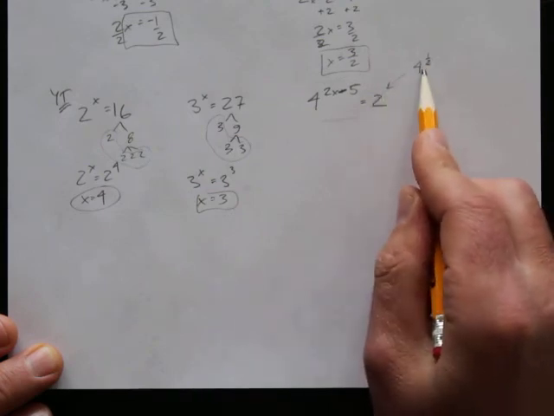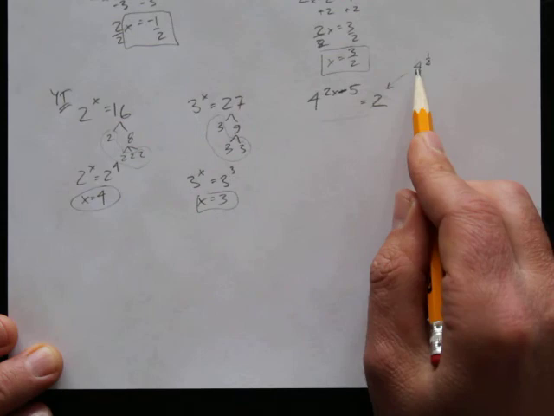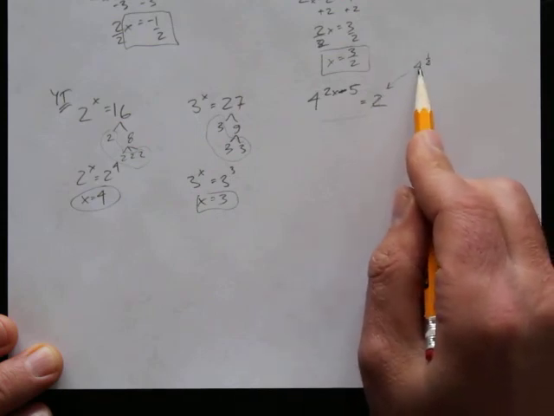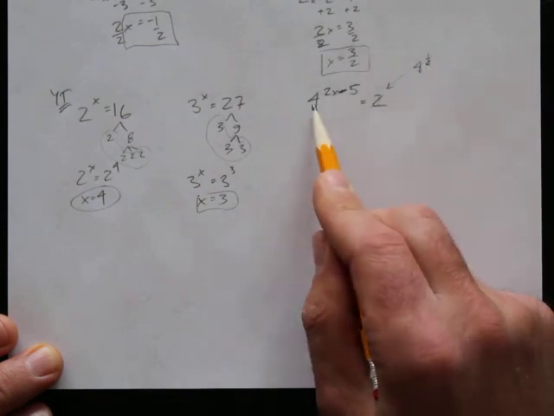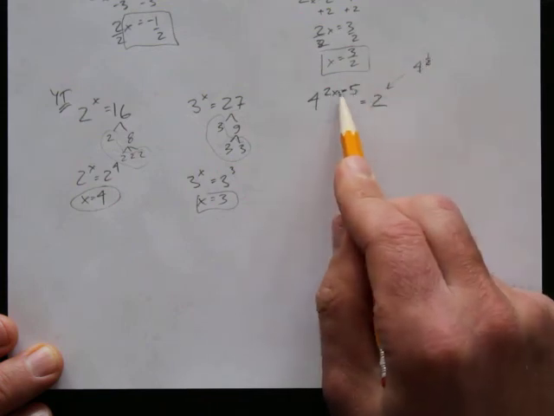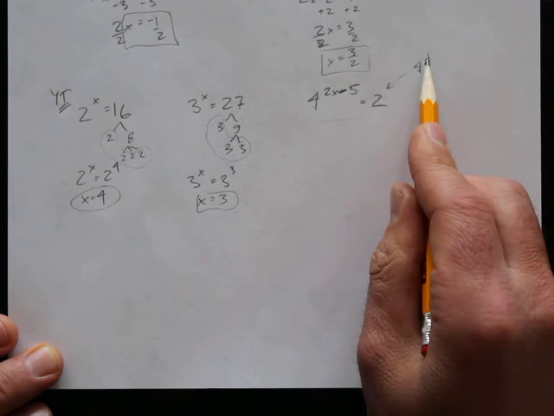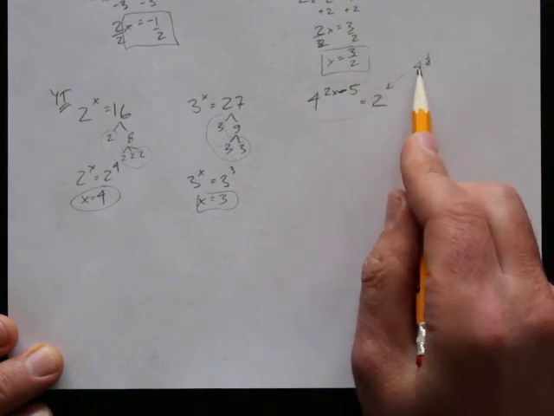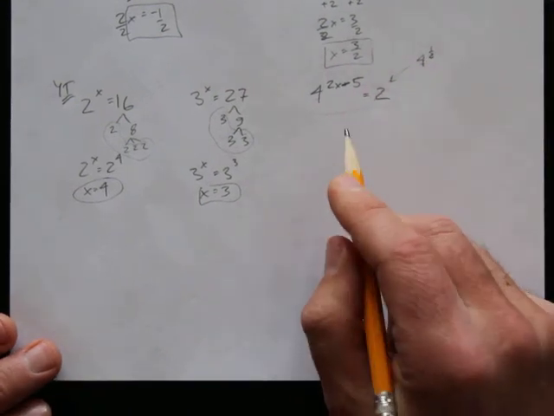These are equivalent expressions. So I would have 4 to the 1/2 power equals 4 to the 2x minus 5. I could say 1/2 equals 2x minus 5 and solve for x that way. I don't really want to, but I can. So just so you know, you could do it that way.